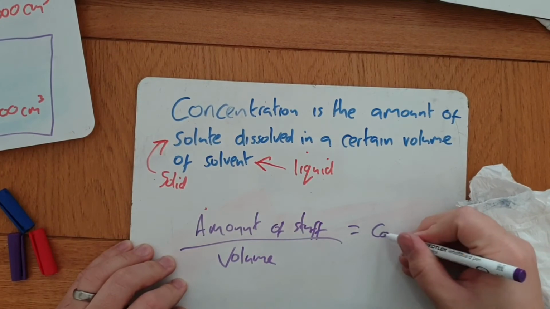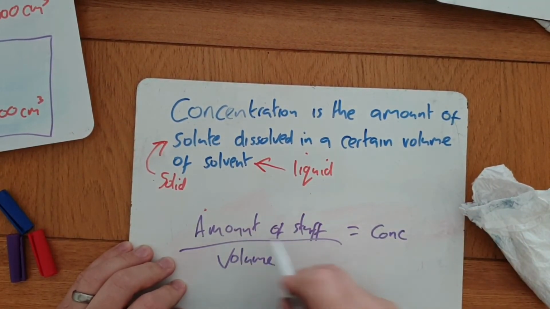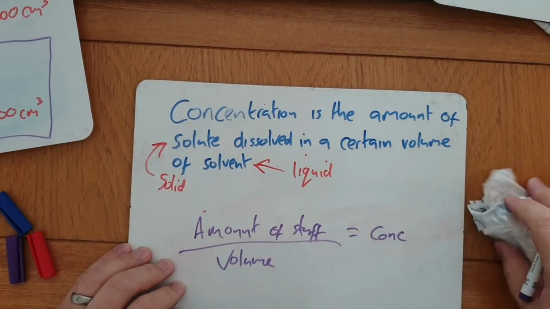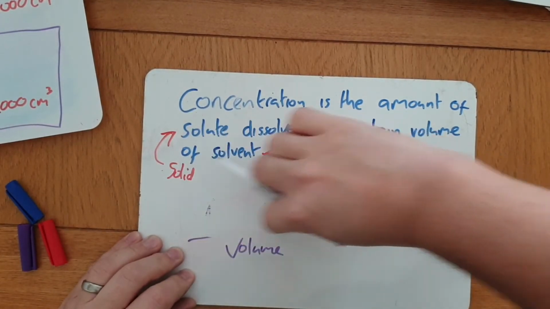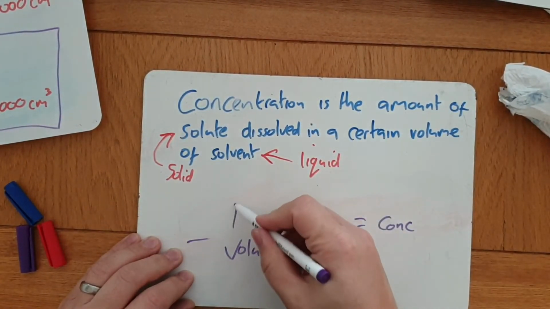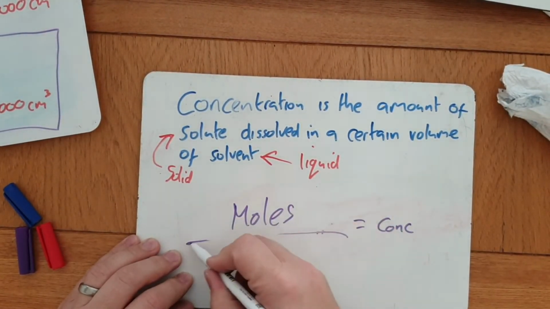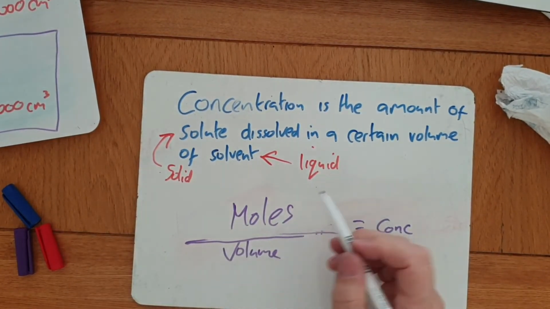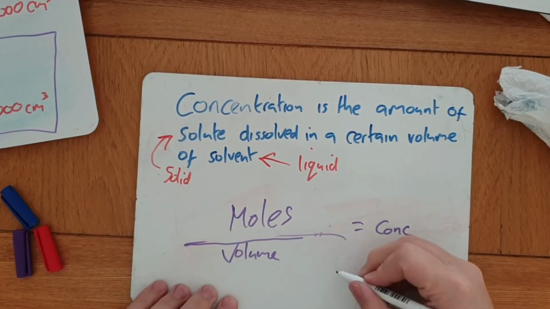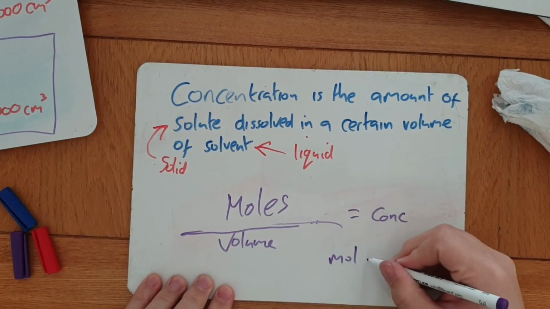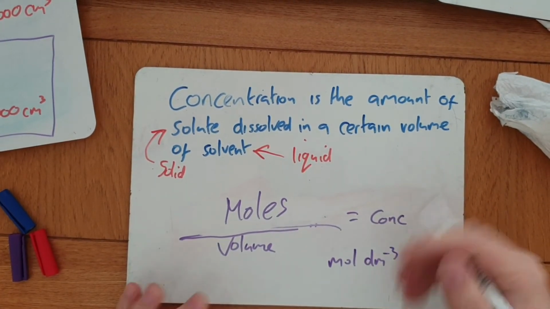So I said that was the concentration. We just did all of that as if the amount of stuff was in mass, but the other way we've got of measuring the amount of stuff in chemistry is we can talk about moles. So you can have concentration in moles per decimeter cubed, which is fine.